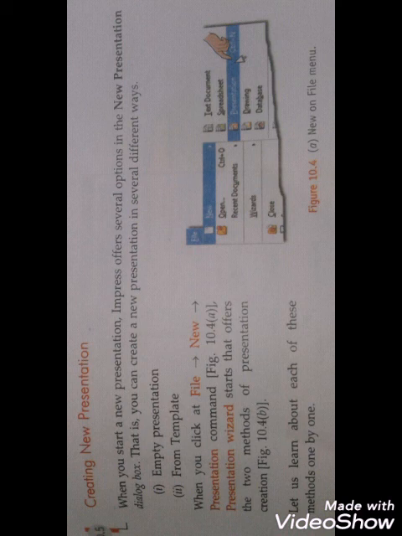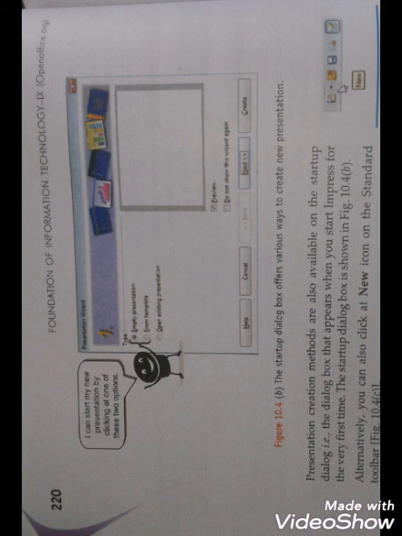Here we get two options, empty presentation and from template. By default, empty presentation is selected. The empty presentation option helps you to design the slide or presentation in your own style.